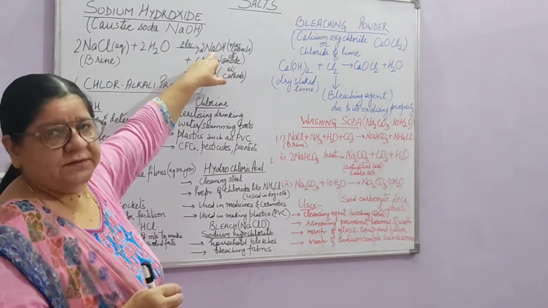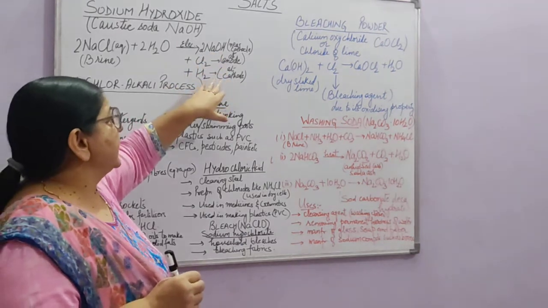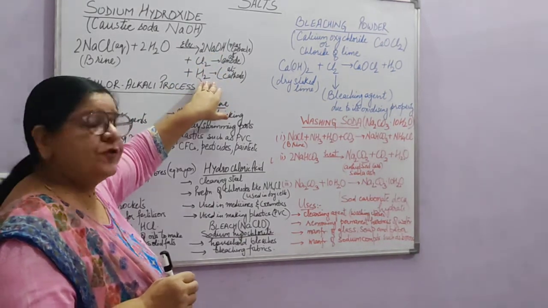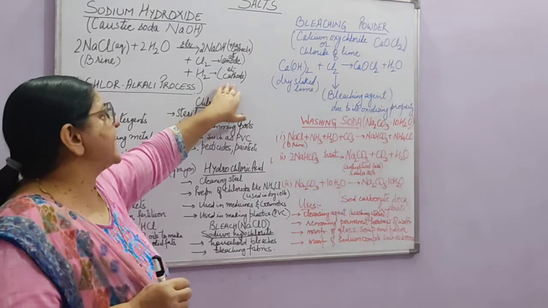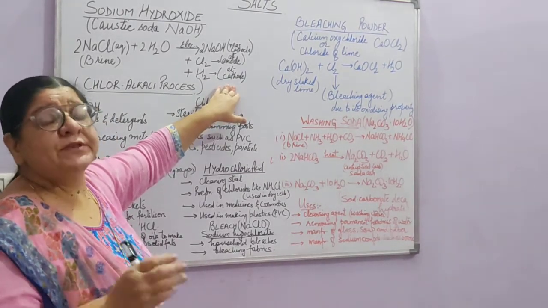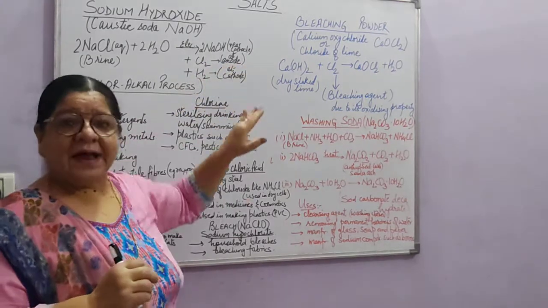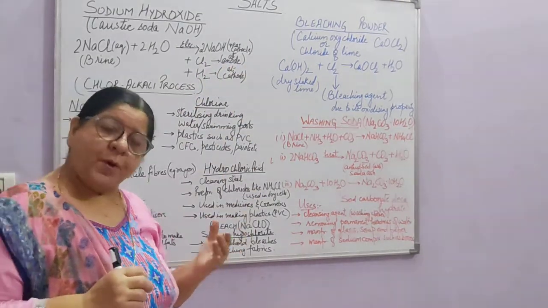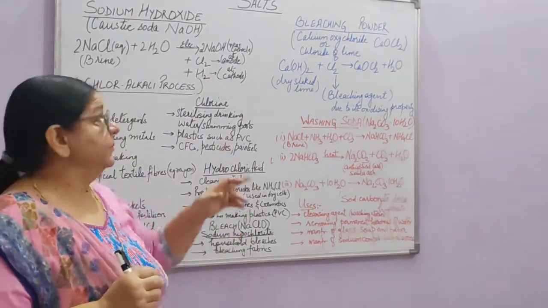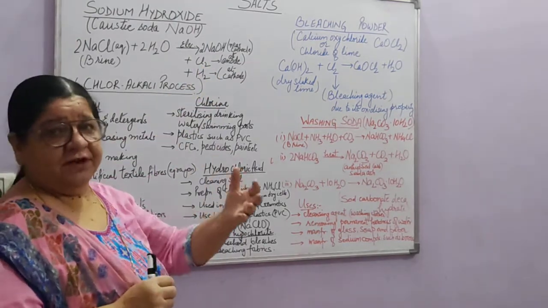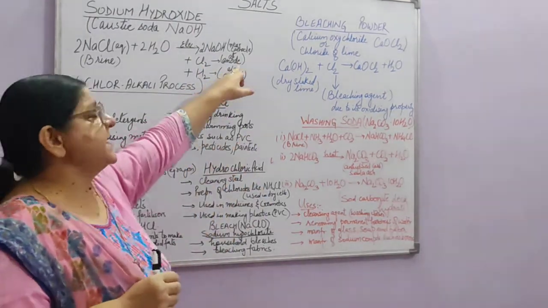Now in this process, hydrogen is produced at the cathode, which is a negative electrode. Chlorine is produced at the anode, which is a positive electrode. You know, chlorine is negatively charged, so it will go near the anode.